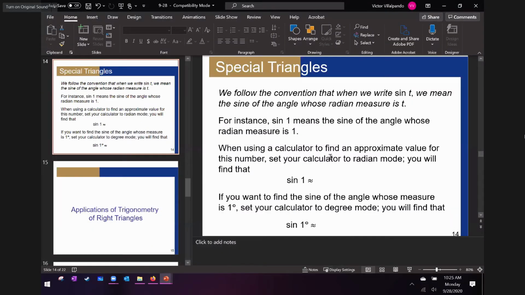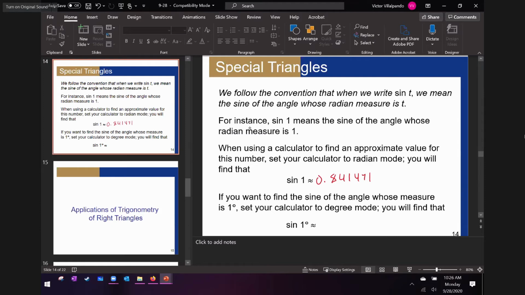So here we get 0.841471. Again, it's an approximation, and that's in radians, so be careful.